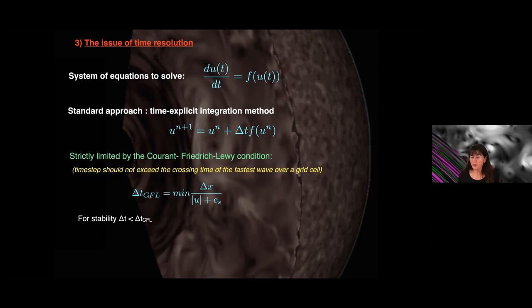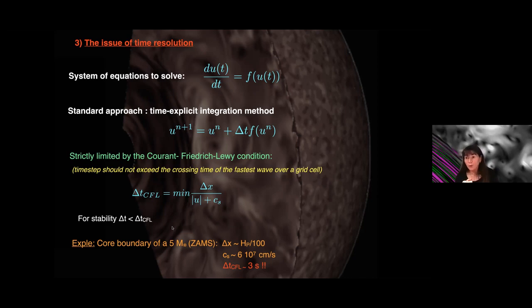To give you an idea of how strict this condition is, if you look at the core boundary of a 5 solar mass star, and you assume, for example, that you want a grid resolution which resolves a pressure scale height at the core boundary by a factor of 100, which would be a good resolution for the overshooting layers above the core, then the typical CFL time step is 3 seconds, which means that you need a numerical time step strictly smaller than that.